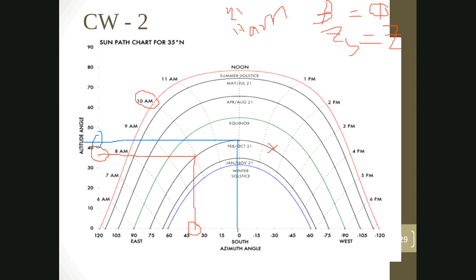I want to find the optimum angles, beta and ZS, for the full tracking system at 21st of August at 11 a.m. using this chart. I'm not going back to the equations.